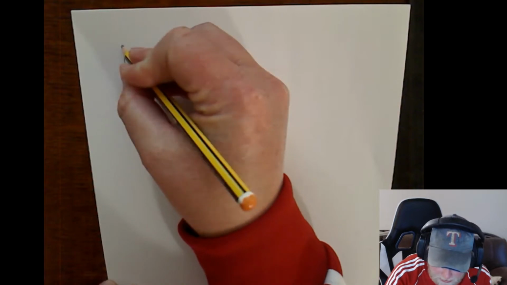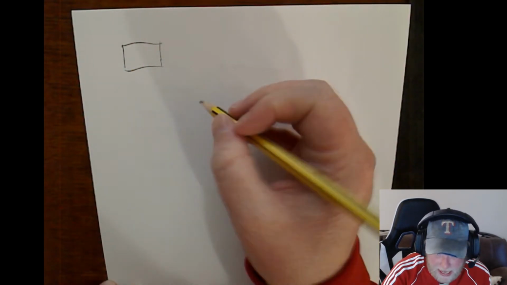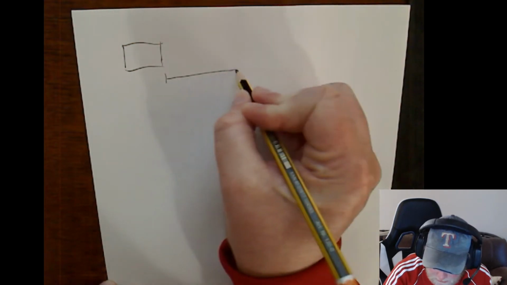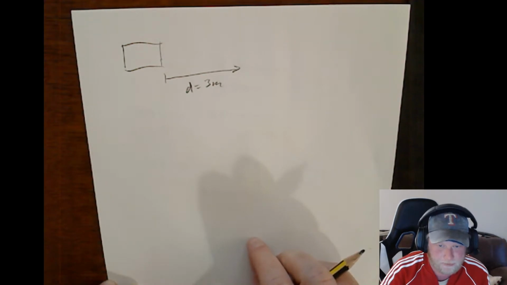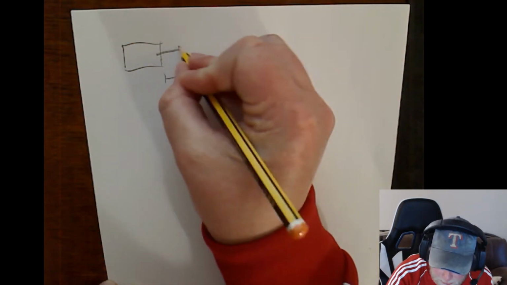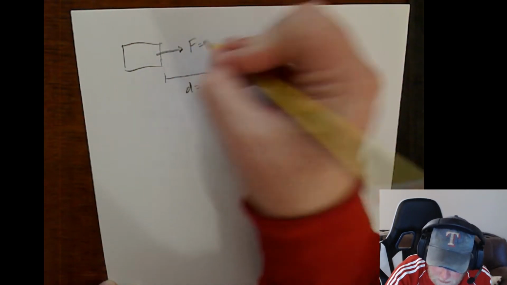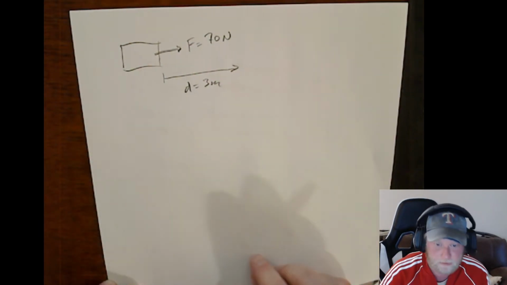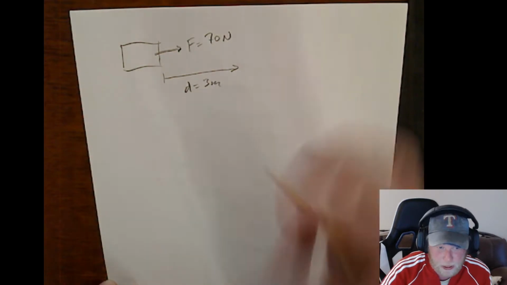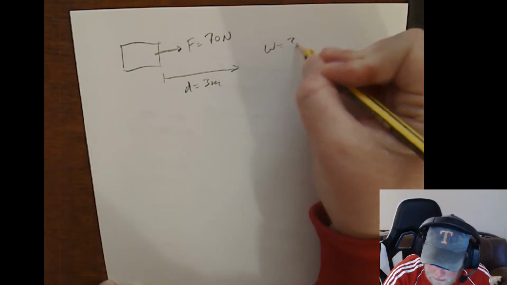Well, if we look at setting this up, we've got ourselves a crate, and she pushes it for a displacement of 3 meters, and we know that she's pushing on it with a force of 70 newtons. And we want to know the amount of work that Sarah does.